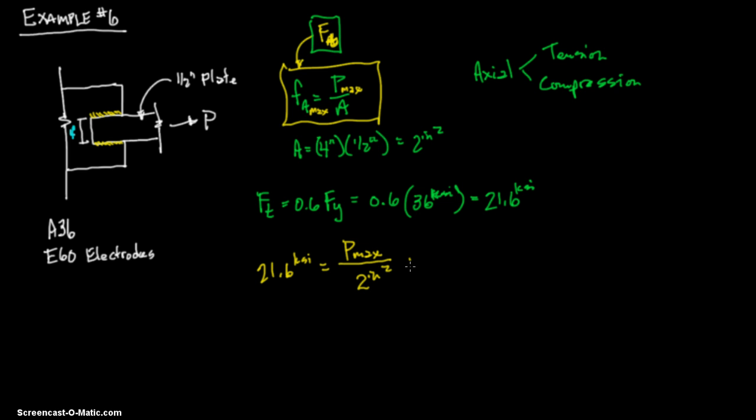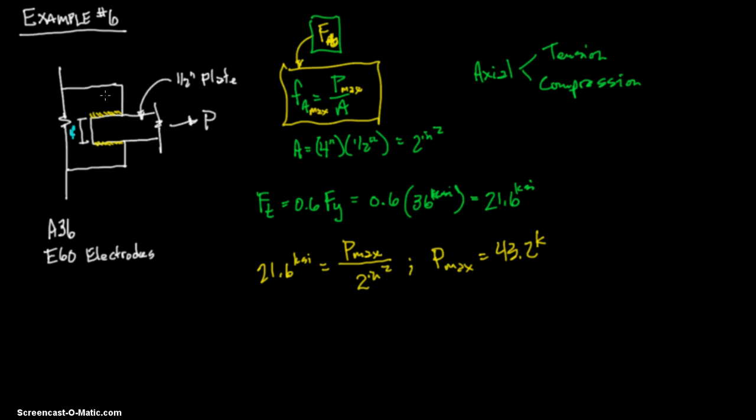So Pmax equals 21.6 times 2, which equals 43.2. And that's going to be in Kips. You should just know, P max is in Kips or pounds. We had Kips per square inch, we multiply by these 2 square inches, and it cancels out. All right, so that is our P max.